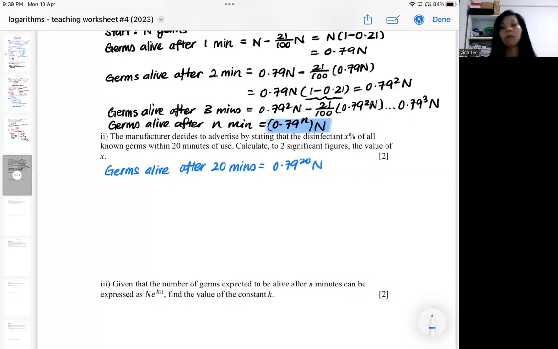What is the percentage destroyed? Let's talk about the number of germs destroyed.